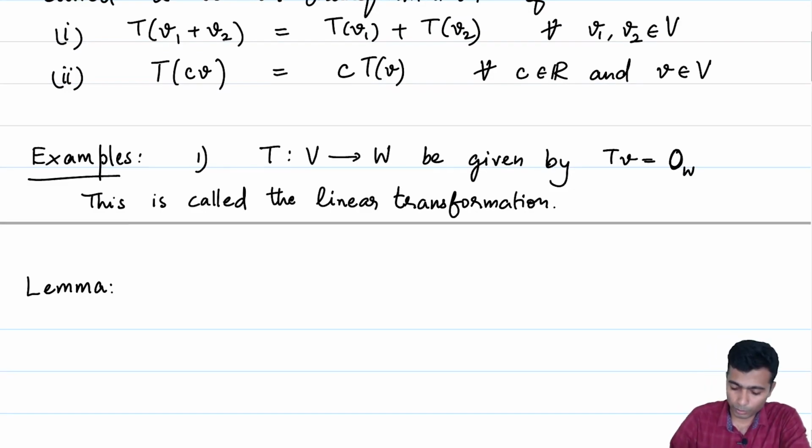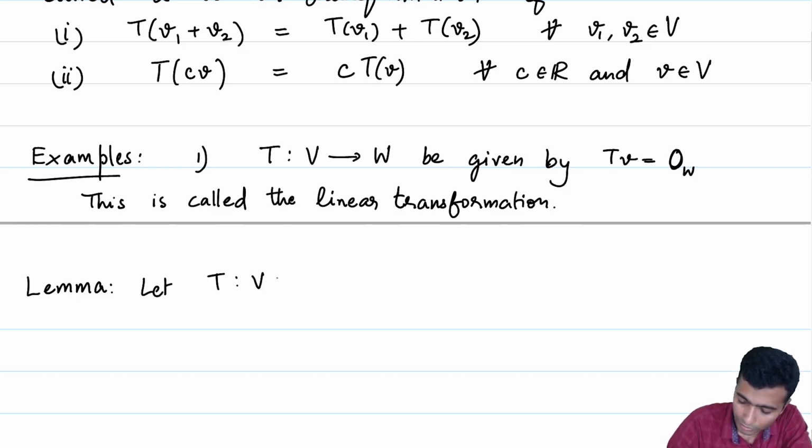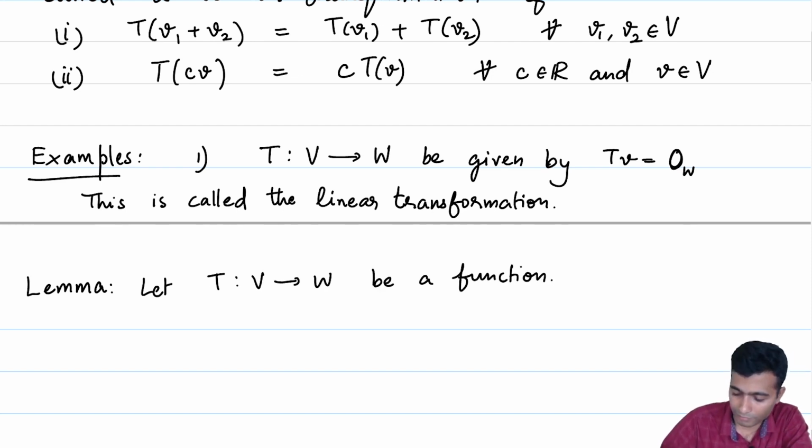What we will do through this lemma is to simplify it. We will just put one condition to check for a particular function being a linear transformation. So let T from V to W be a function between vector spaces V and W.